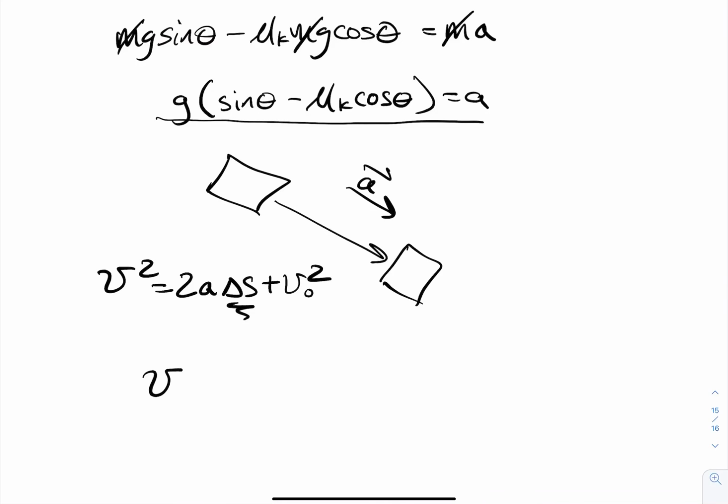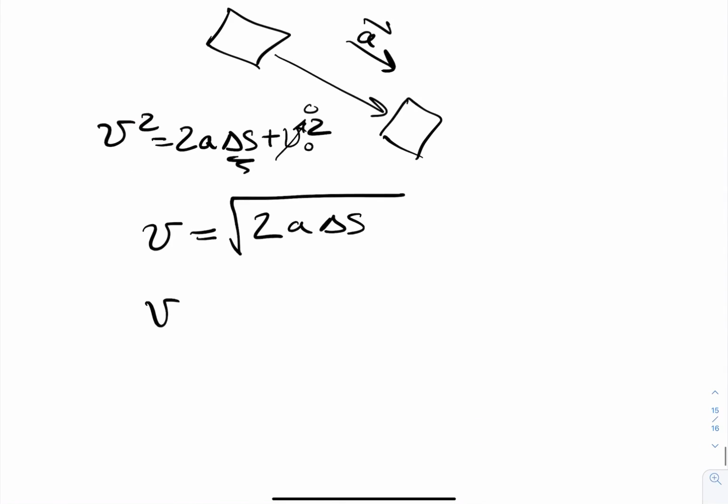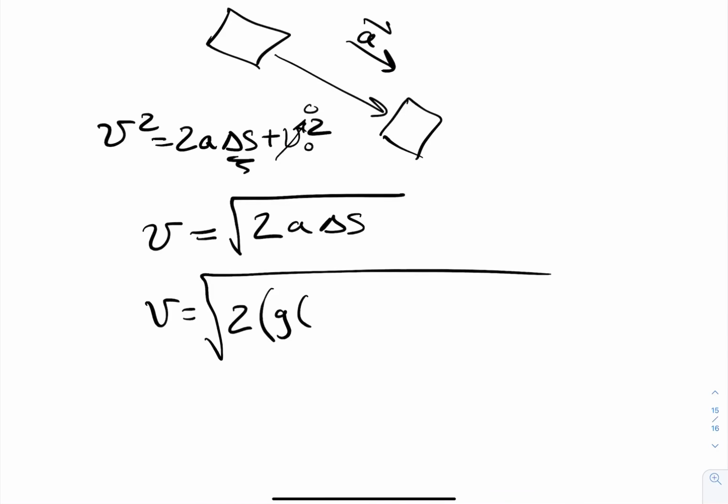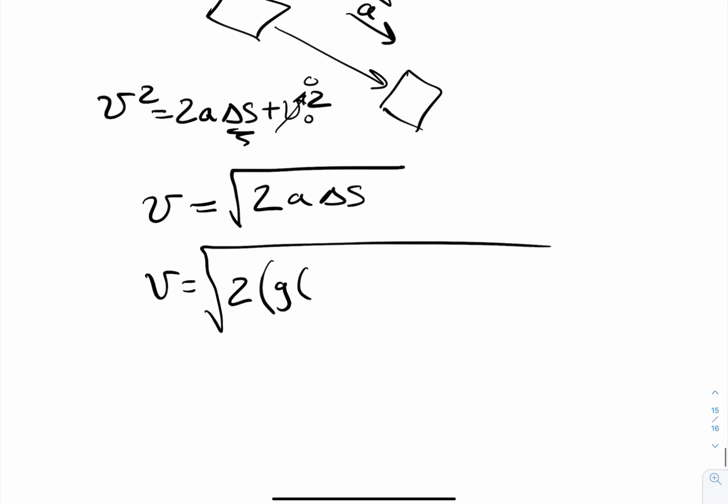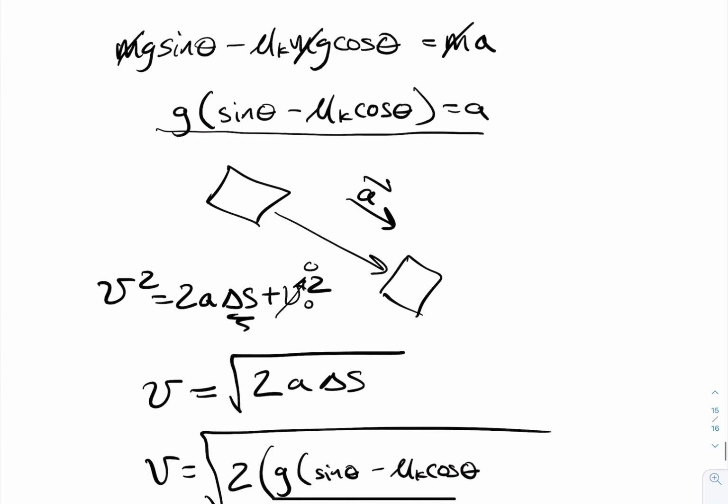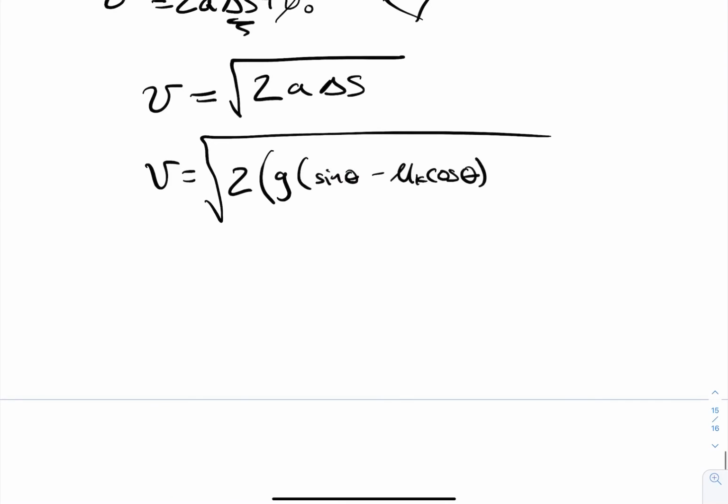So we can say v equals the square root of 2a delta s, because v sub o is 0. v equals the square root of 2 times, and we're going to put in a, g times sine theta minus mu sub k cosine theta, times the 3 meters.